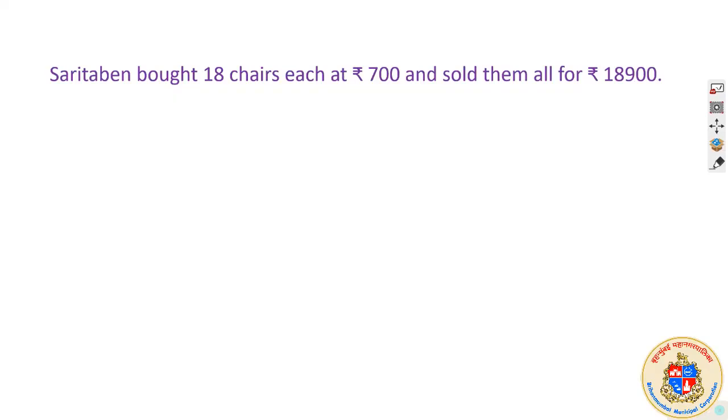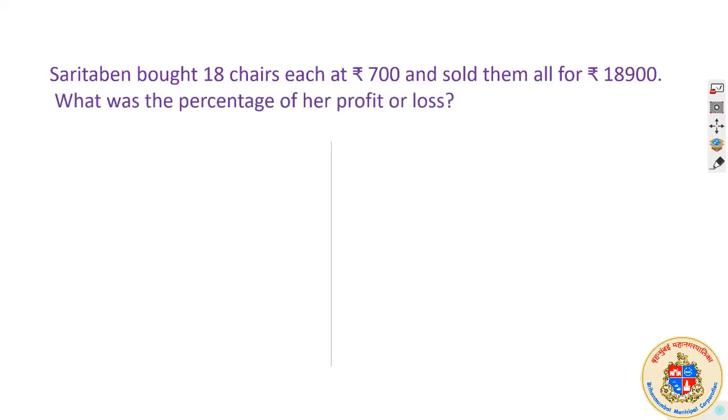Who is this? Sarita Ben. She bought 18 chairs each at rupees 700 and sold them all for rupees 18,900. What is the percentage of profit or loss? Straight away question. There is no tricky thing in that. Sarita Ben, she is a businesswoman, I think, maybe having a shop of furnitures.